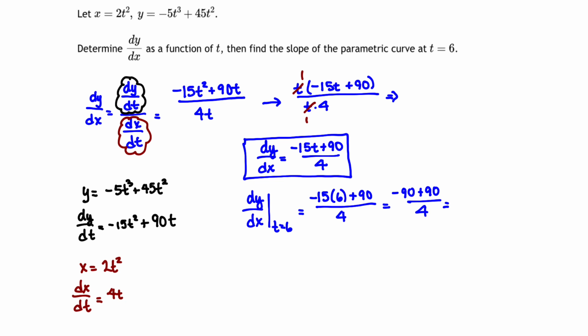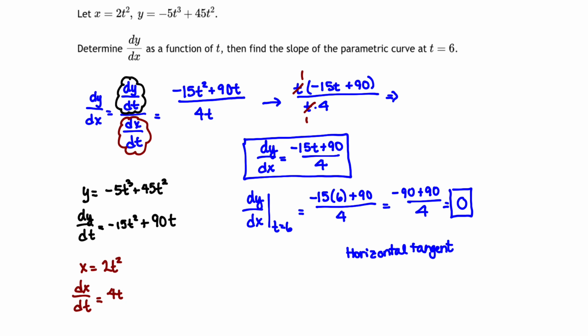And that is simply 0, right? So the first derivative at t equals 6 is just the value 0. And that means I have a horizontal tangent, or a possible horizontal tangent, right? Well, I have a horizontal tangent with a slope of 0 when t equals 6.